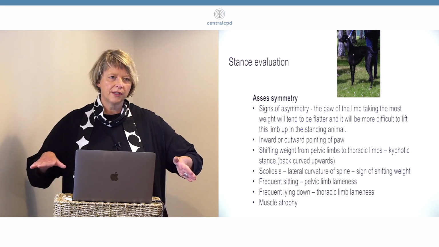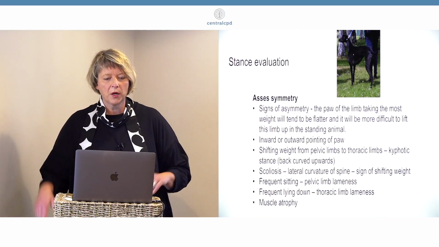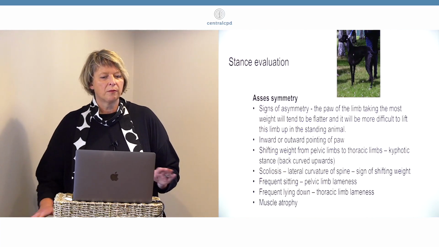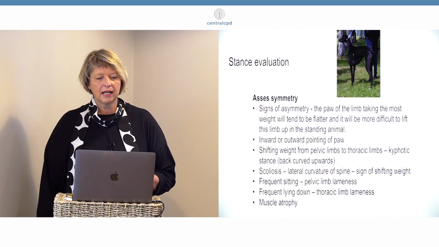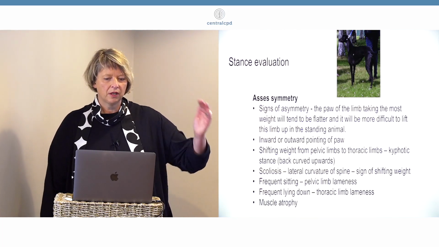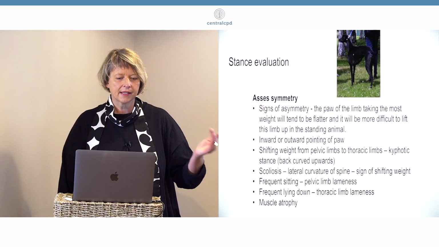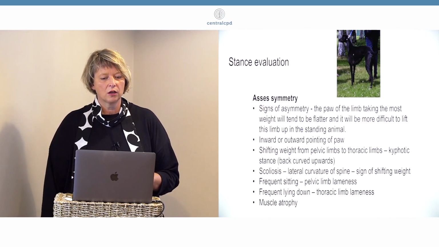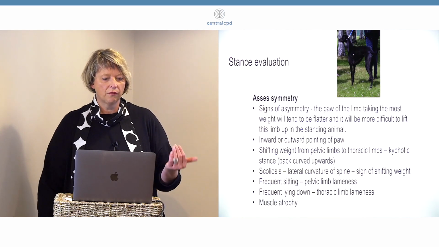We may notice an inward or outward pointing of the paw. The animal may shift weight from the pelvic limbs to the thoracic limbs, or there might be a kyphotic stance. There could be scoliosis. There could be a shifting of weight.